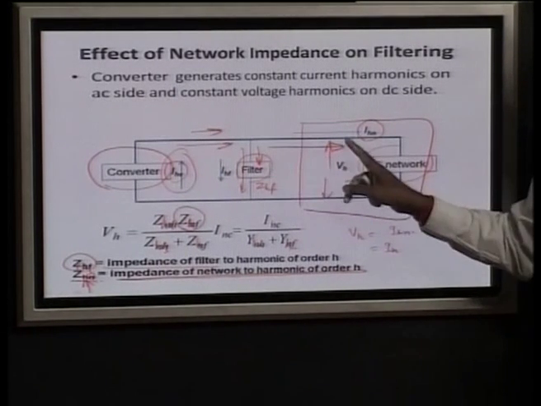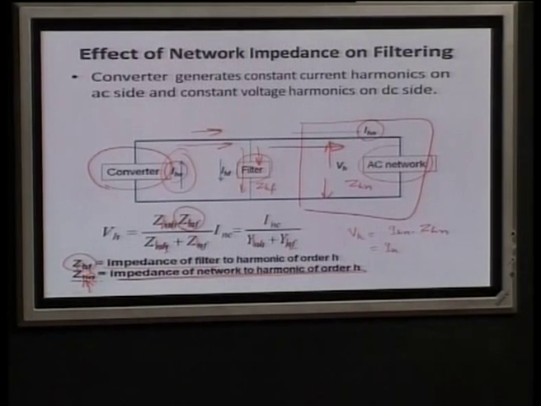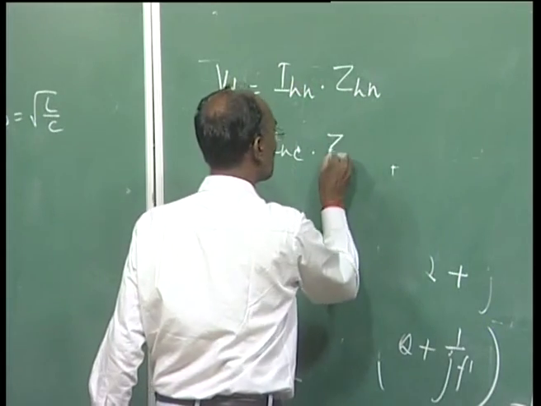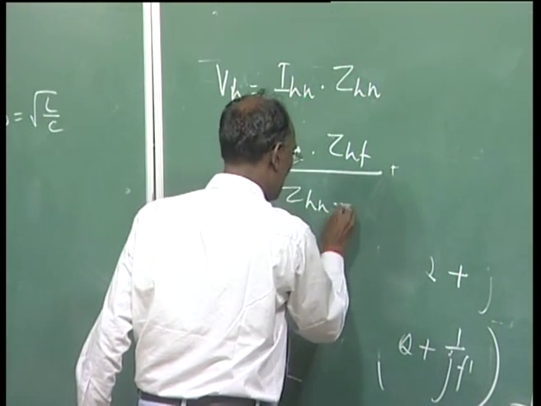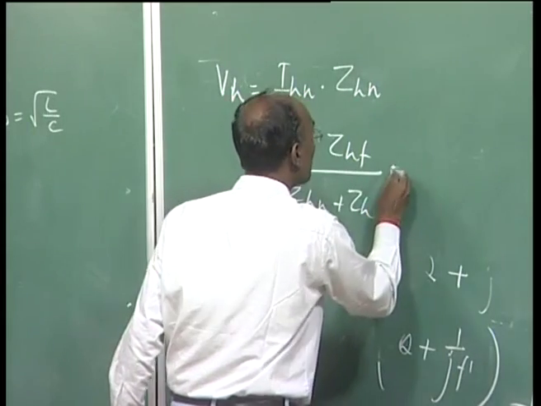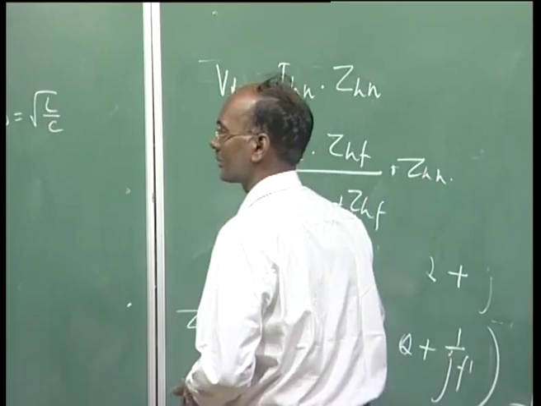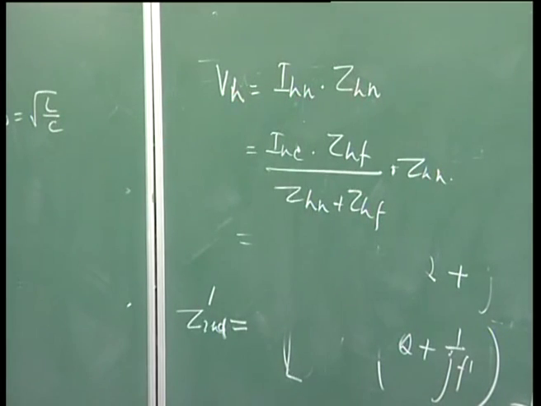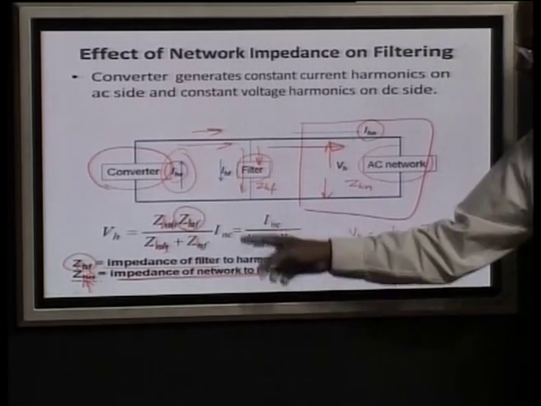The current we want is the impedance multiplied, divided by the total impedance. It's true. So, here we can write ZHF divided by ZHN plus ZHF, into ZHN, which is written here in this expression. R in terms of admittances, we can also write in this fashion.